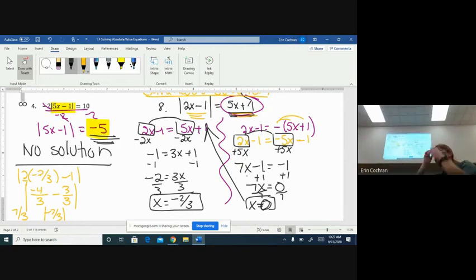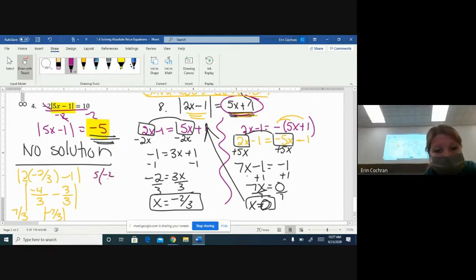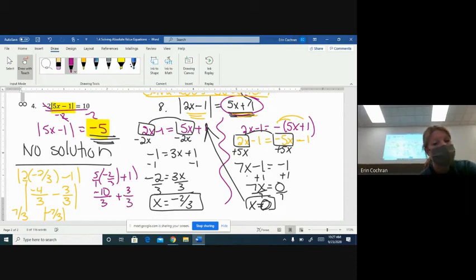Now let's do the other side, the 5x plus 1. So we have 5 times negative 2/3 plus 1. What's 5 times negative 2? Negative 10 over 3 plus 1 is the same thing as that 3 over 3.